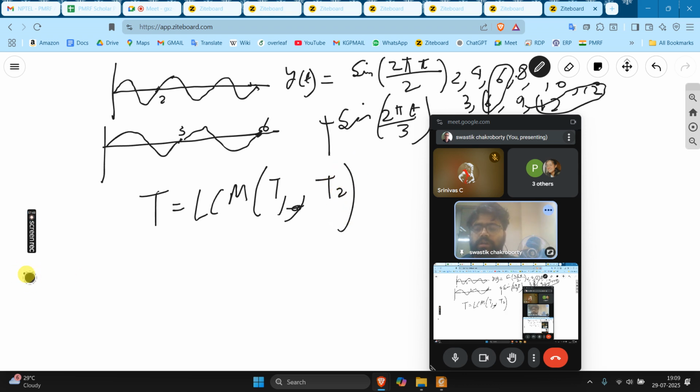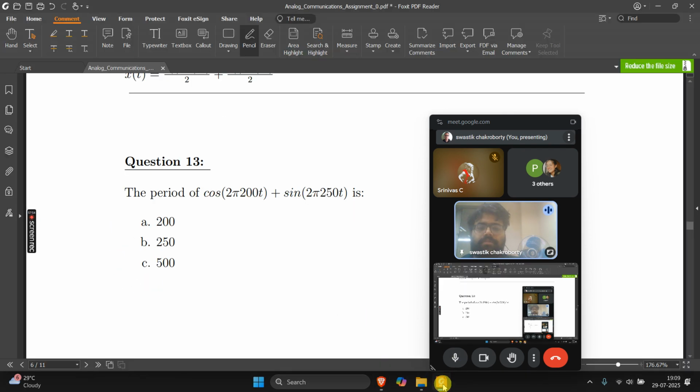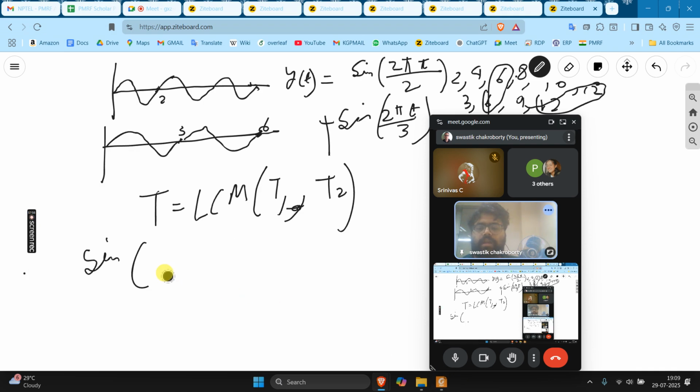Now, here you have sine, one part is 2 pi into 200t. Okay, so what is the time period?